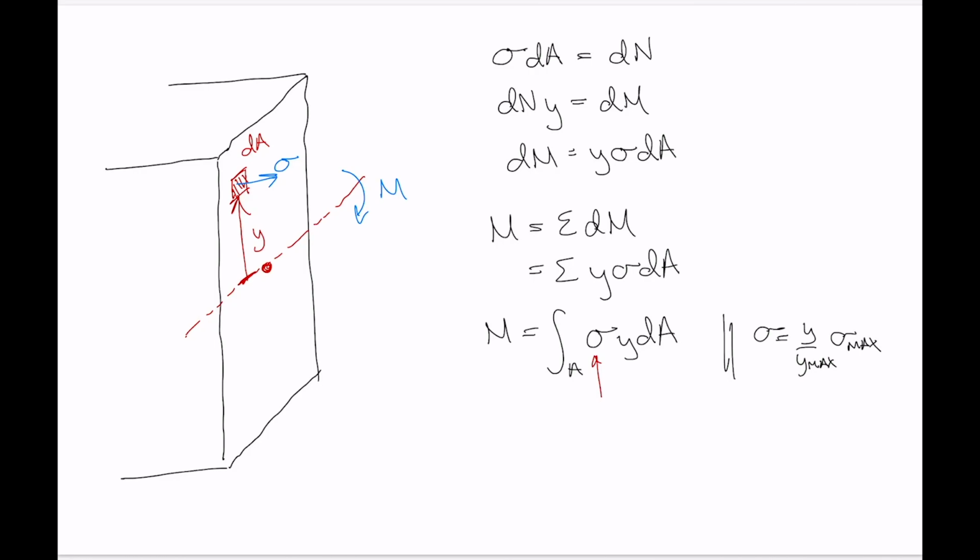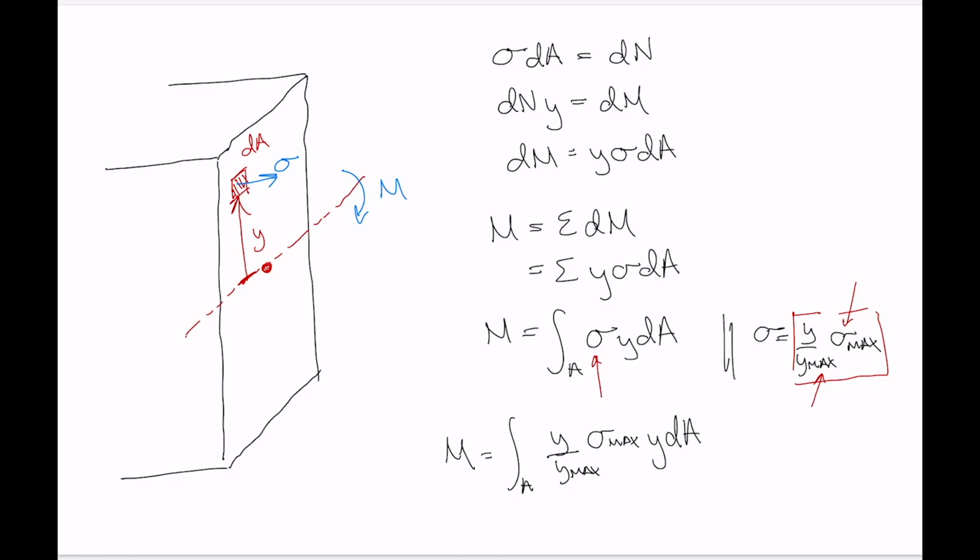So we can substitute in this right-hand side of the expression for sigma, and then we get something where sigma max is a constant with respect to area A, and y max is a constant as well, and then we've just got variable y there. So let's do that. We have M equals the integral over the area of y over y max times sigma max times y dA.